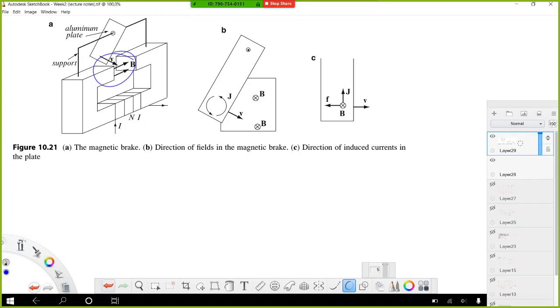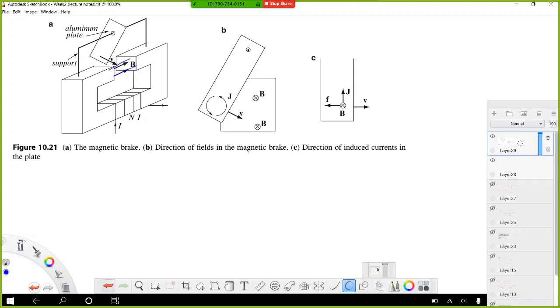Here it generates the magnetic flux density B, and this field is assumed to be constant.